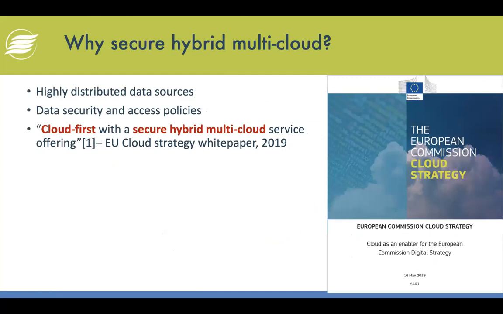Remember, there was a European cloud white paper, or strategic white paper, published in 2019. In the near future, multi-cloud with secure hybrid business will be the trend. There are many reasons, including security. For instance, for data management, many countries and organizations care about their data accessibility.